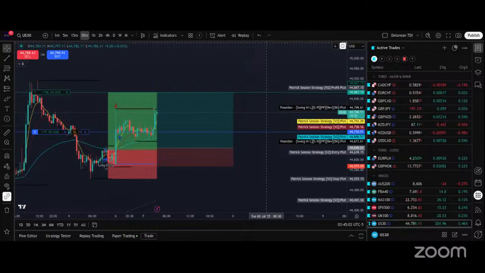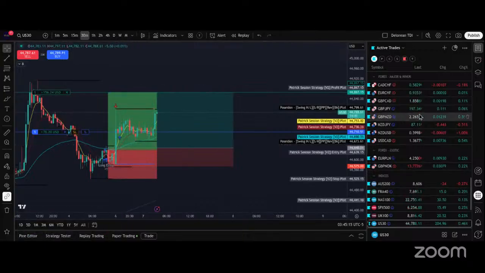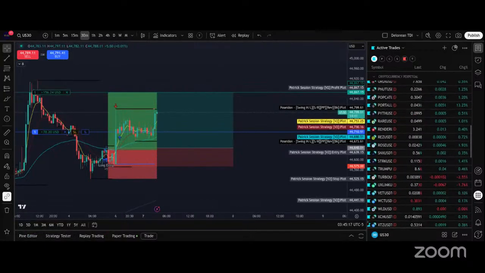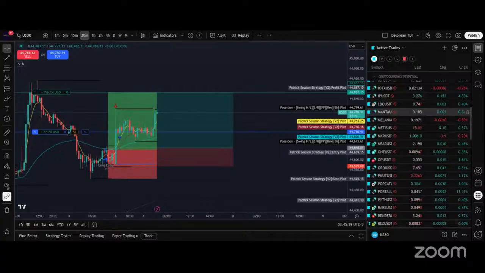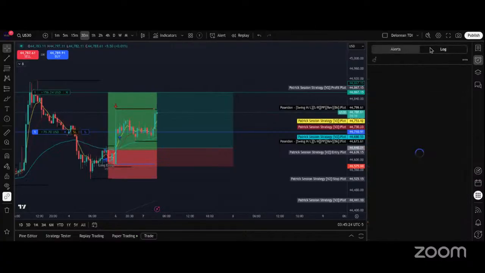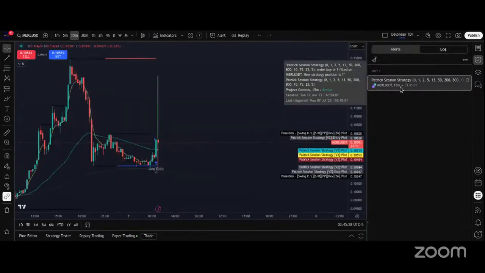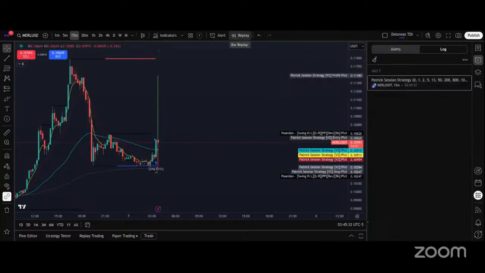All right, 3:45 in the morning. And looks like we have a possible buy signal on Merle versus Tether. Yeah, we won't be taking that.